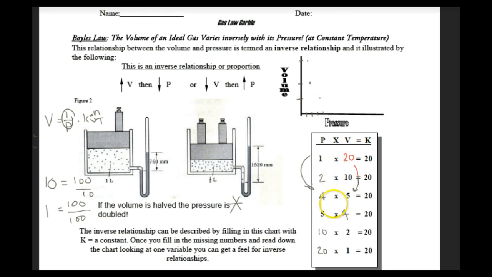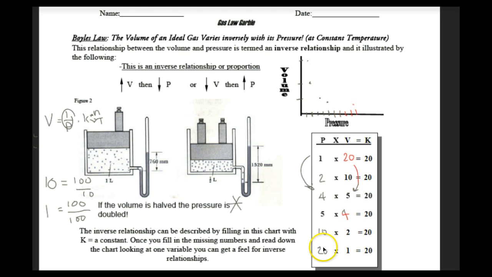And then we have the pressure at 5 and the volume at 4. And then we have the pressure at 10, so I'll go 6, 7, 8, 9, 10, and the volume's at 2.